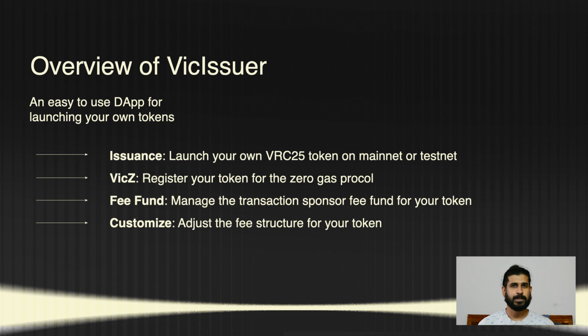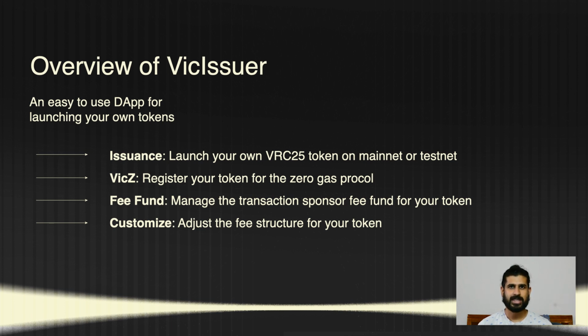So VicIssuer is a powerful DApp that can be used for a few different purposes, including launching a VRC25 token, registration for the zero gas protocol, VicZ, managing the transaction sponsor fund, and customizing the fee structure of your VRC25 token. So there are two main fungible standards on the Viction blockchain, VRC20 and VRC25.